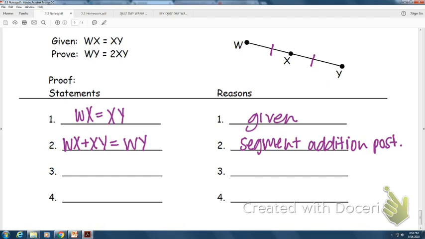Huge. Okay, so we have WX equals XY, that's our given. We have WX plus XY equals WY, that's segment addition postulate. Is there anything we can do already? So just with those first two statements, is there anything we can do and build off of?